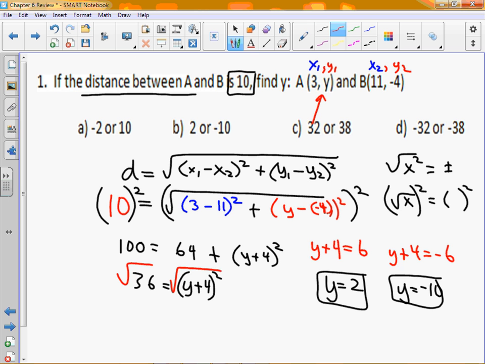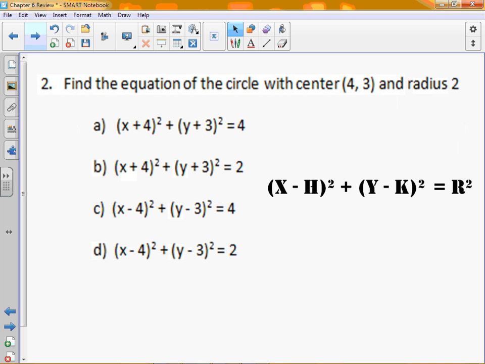At some point or another, you're going to have to write out the distance formula. Some point or another, in number 2, you're going to have to write out the formula for a circle. That's why yesterday, number 2 or 3, whatever it was on that worksheet, was a circle problem. I made sure somewhere I wrote this.